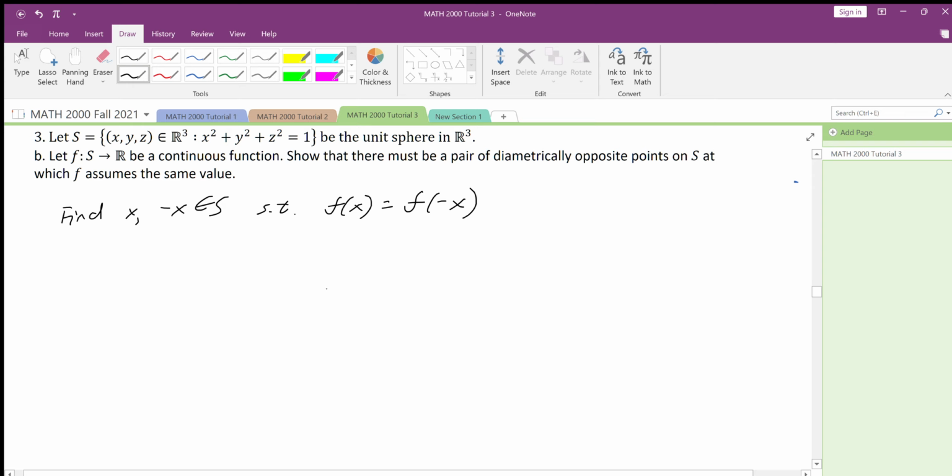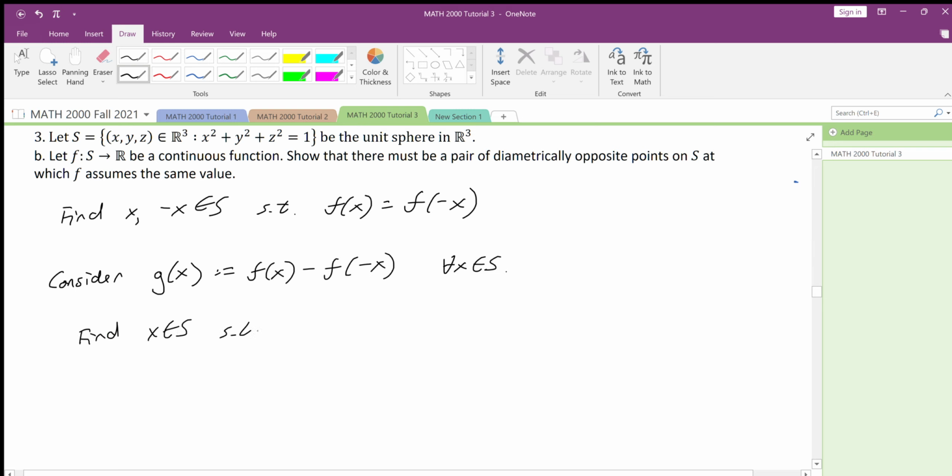So your instructor gave me a hint, and his hint was to consider a function. Consider a function g defined like this. So now it is equivalent to ask: find x inside S such that g of x is equal to 0.